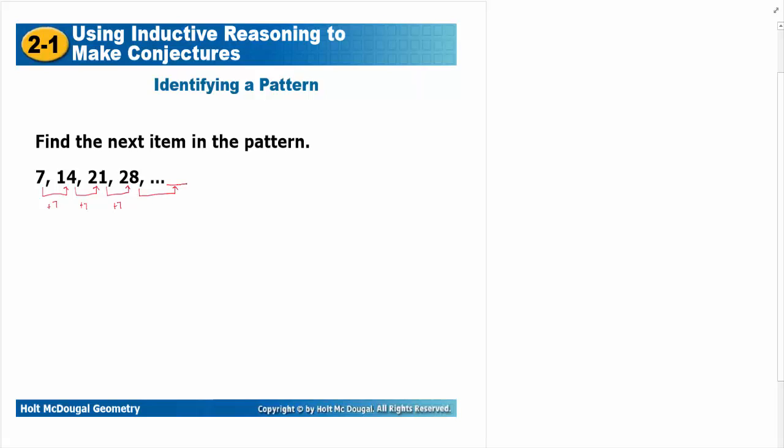Again, the difference between this and an actual arithmetic sequence is that in an arithmetic sequence you are told that you're adding 7 every time. You're told that this pattern is consistent. Here we're just making an observation. They look like they're adding 7 every time, but maybe the pattern changes later and we don't know that. But we are going to assume that 35 would be next, because based off the information that we have, we're going to keep adding 7 every time.